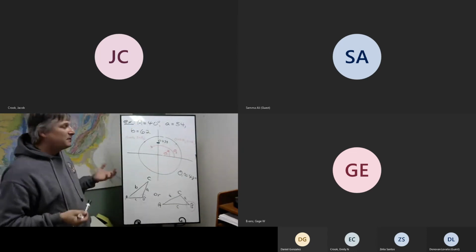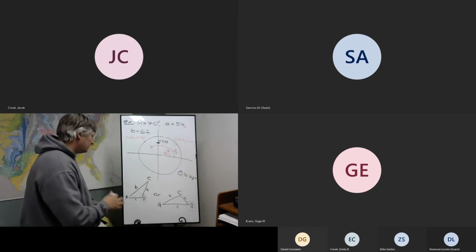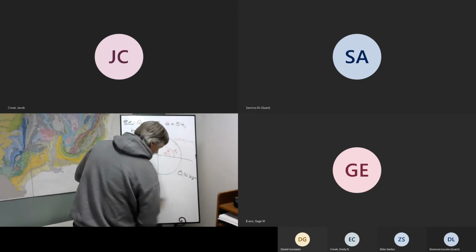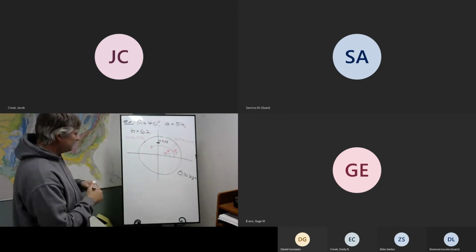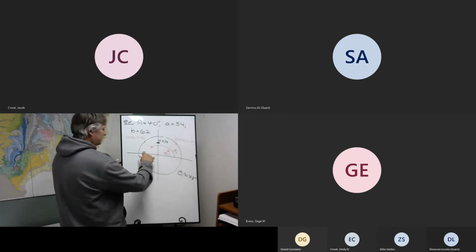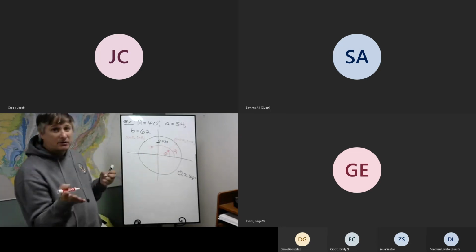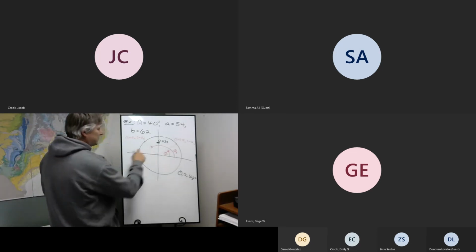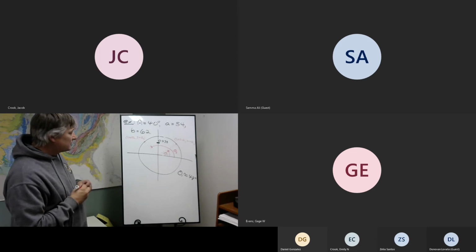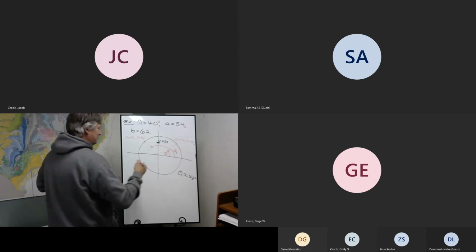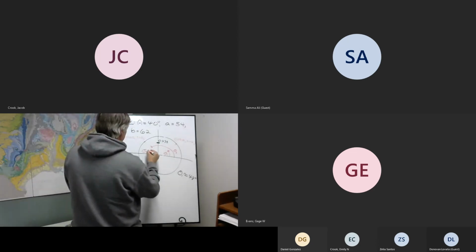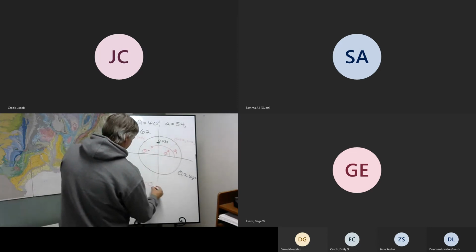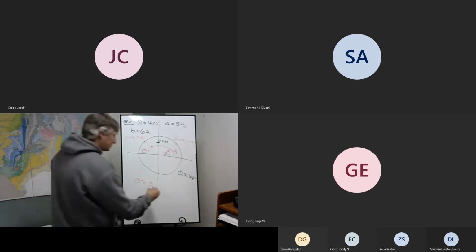So how do we figure out this angle? Well, again, we're going to go back to reference angles. This here, if we ignore the fact that it's going counterclockwise or clockwise, would also be in magnitude equal to theta 1. We call this theta prime. Theta prime is going to be theta 1, as a reference angle.